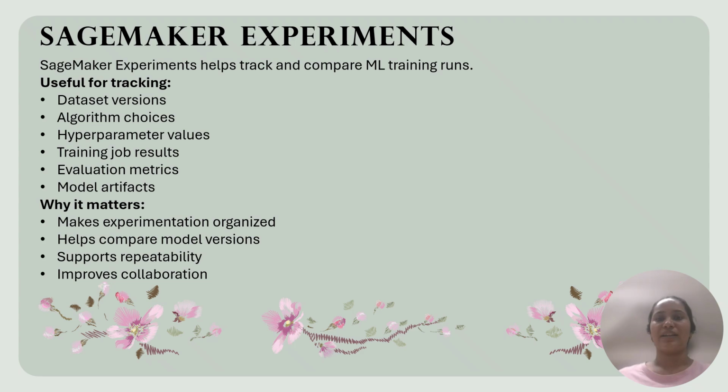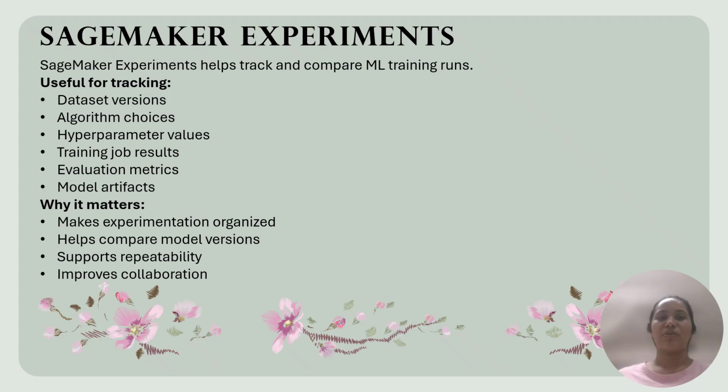Without proper tracking, it can be difficult to remember which configuration produced the best result. SageMaker Experiments solves this problem by maintaining a complete history of each training run. This capability offers several benefits. It keeps experimentation organized, it makes it easier to compare different model versions, and it identifies the most effective approach.